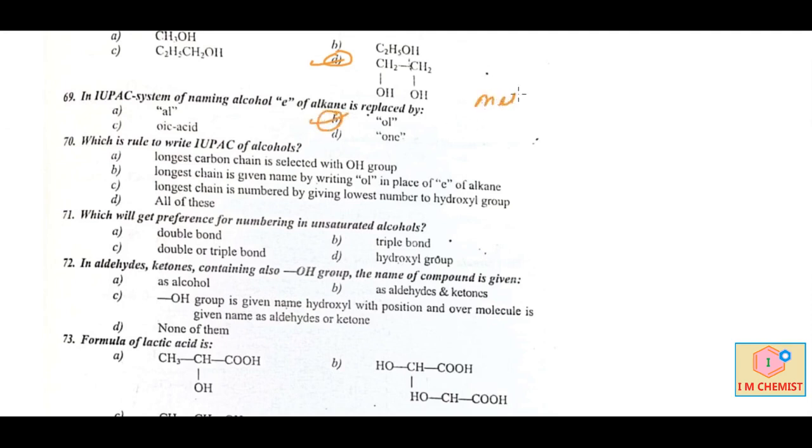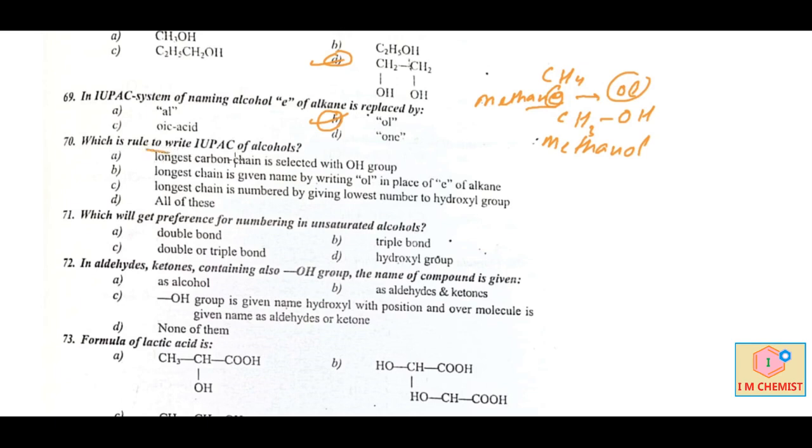For example, we have methane having formula CH4. But if you replace one of the hydrogens of this methane with a hydroxyl group, it will be converted into methanol. So you have to drop this E of alkane and replace it with OL. So option number B would be the correct answer.